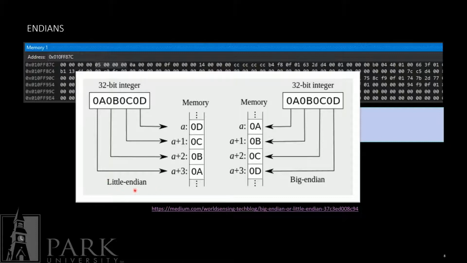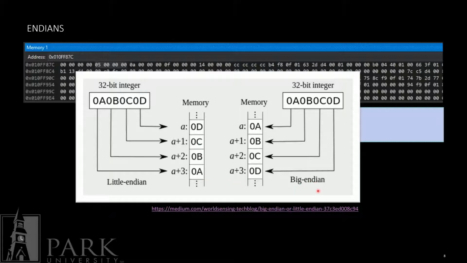In this situation, we have a little endian, and here is our 32-bit integer stored in hexadecimal format, right? And you can see that our least significant digits go to the lower location in memory, right? So we've got 0D, 0C, 0B, 0A.